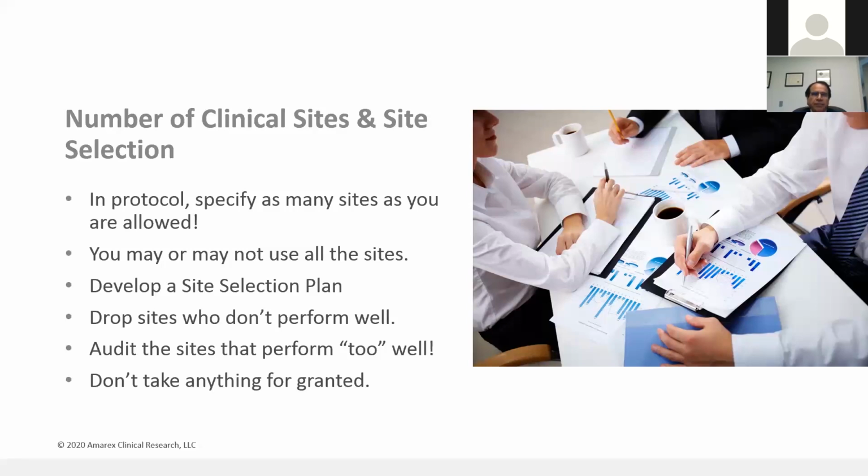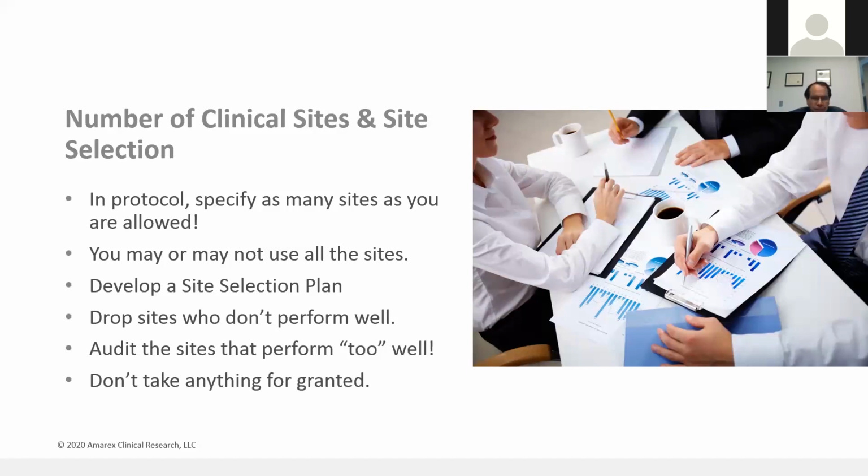And as I said, if you specify as many sites as you could in your protocol, you may use all of them, you may use half of them, but always choose at least 10% more sites than you are going to use, because you don't know which of the sites you may end up dropping and not using.